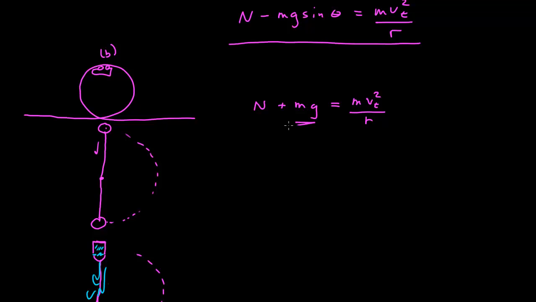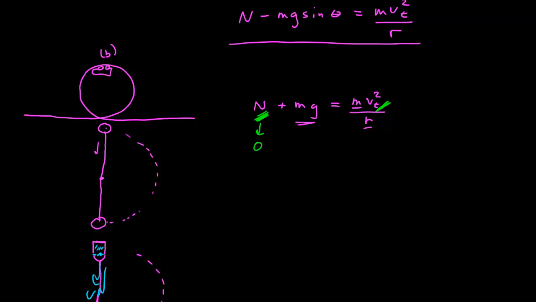So mass and gravity are constant as well as the mass and the radius. So the two things that change are the velocity as well as the normal force. As the velocity gets larger, when it reaches the top, the normal force is larger. And as the speed decreases, the normal force gets smaller and smaller. Eventually, the normal force goes to zero.